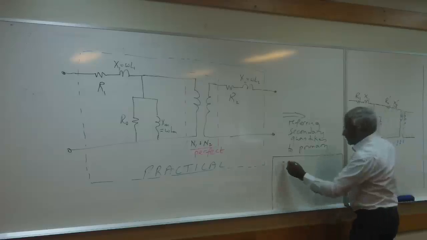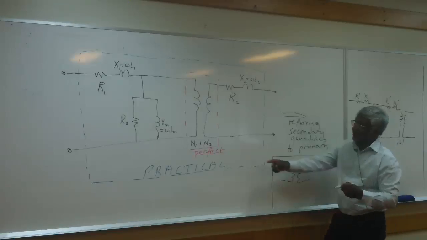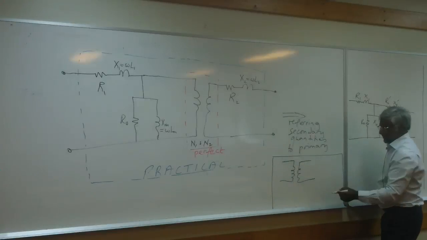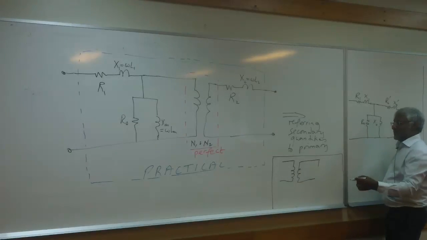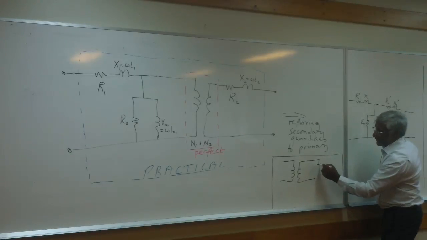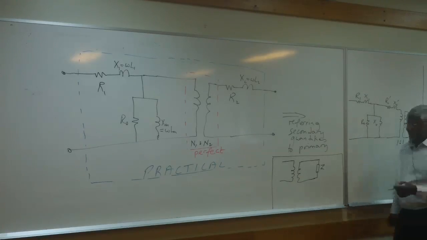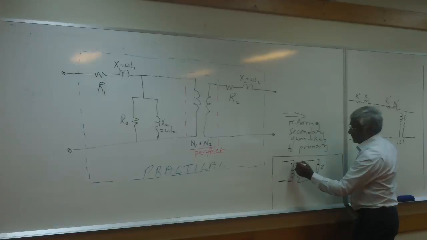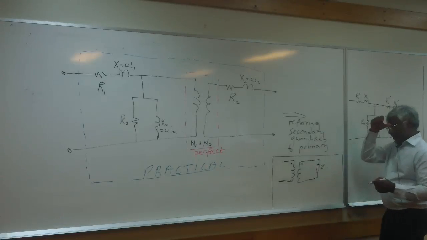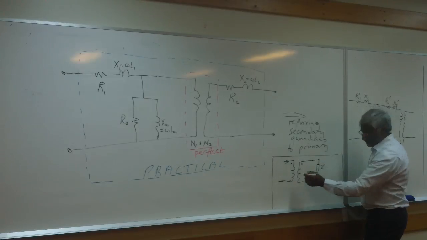So this is a perfect transformer, just like this one. And if I put an impedance here, I could put any impedance, so I'll call it Z. Let us say that I put some numbers in.